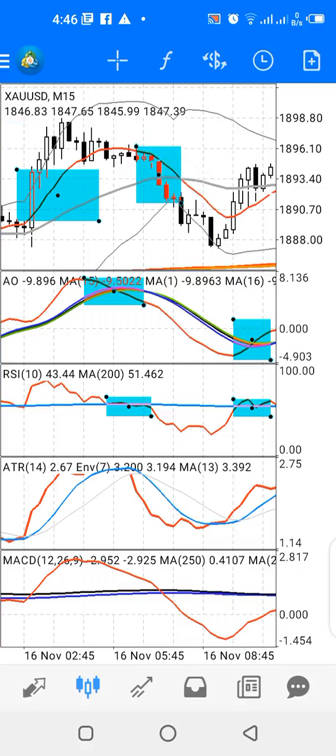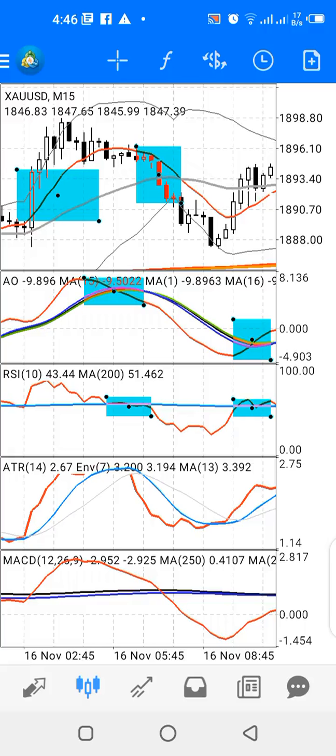So this strategy is a combination or the alignment of all signals on the charts, on all the windows, that will give you the filtered perfect trade entry, scalp trade entry. And don't forget, we are looking at the 15 minutes time frame for gold, XAUUSD.